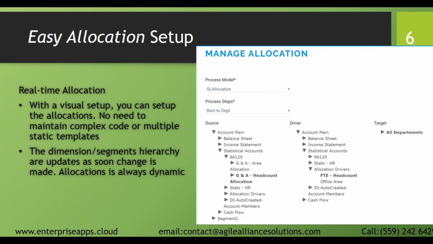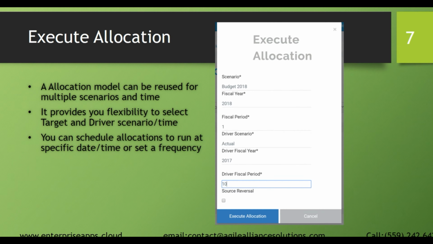Once you set up the process step, the final step is to execute allocation. In execute allocations, you pick up your source scenarios and your driver scenarios. In the source scenario, as you can see, I have picked up a scenario Budget 2018, fiscal year, and a period. Similarly, the driver scenario is freely definable.